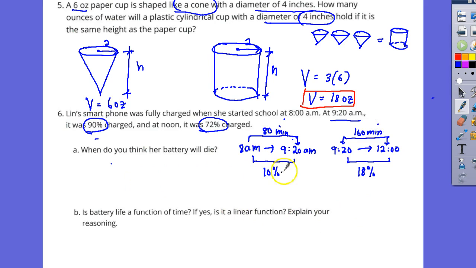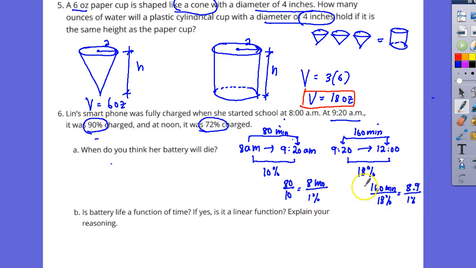So approximately here, how many minutes per 1%? We'll do 80 divided by 10. So that's 8 minutes per 1%. So let's see over here. That's 160 minutes per 18%. That's approximately 8.9 minutes per 1%.